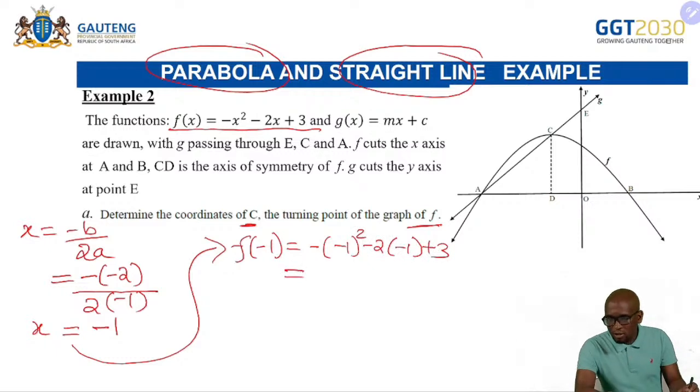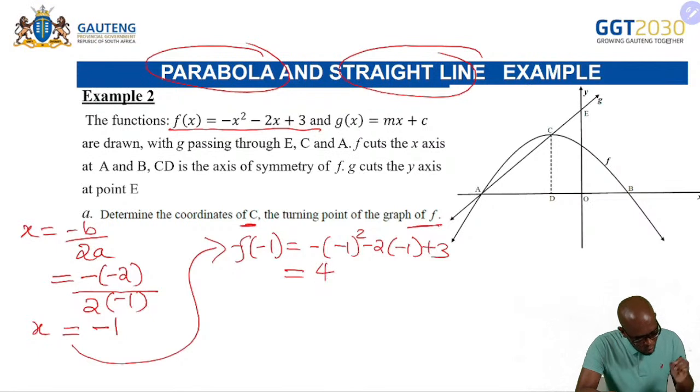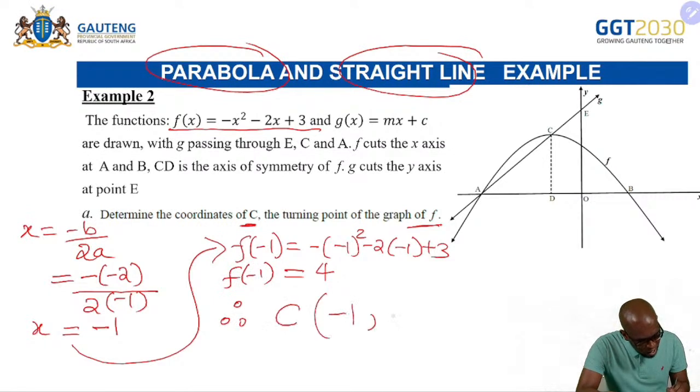Now, if you add all that, you're going to get 4, because minus 1 times minus 1 squared would be minus 1, plus 2, plus 3 is 5. So minus 1 plus 5 gives us 4. So f of minus 1 is equal to 4, which means the coordinates of C would be minus 1 for x and 4 for y. So that would be the coordinates of the turning point.